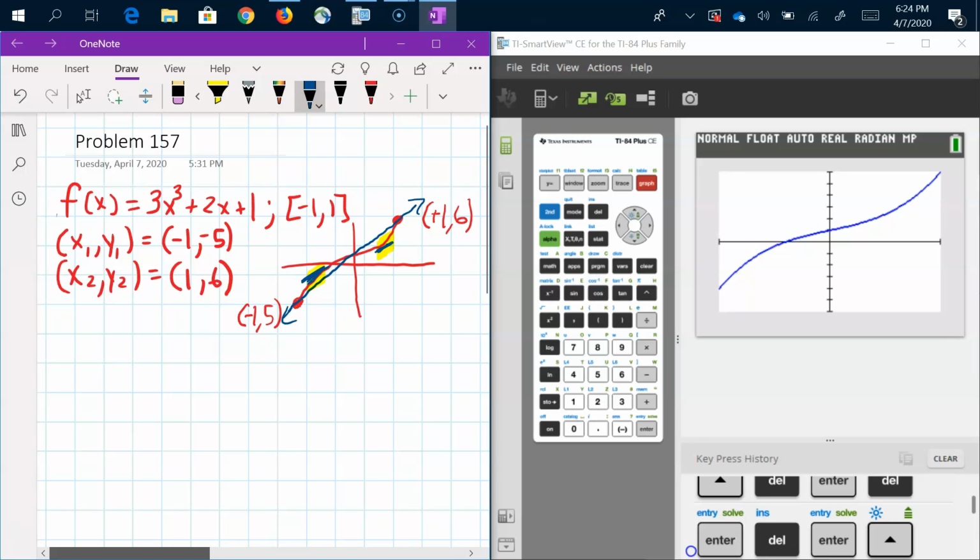So the mean value theorem guarantees at least one value c in the open interval from -1 to 1, where the derivative, meaning the slope of the red trace, is the same thing as the slope of the secant line in blue. So we're guaranteed one. There might be more than one. Okay, so let's go ahead and try to find what values of c in the open interval -1 to 1.